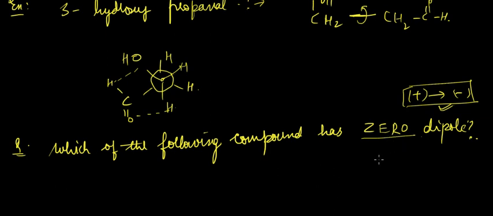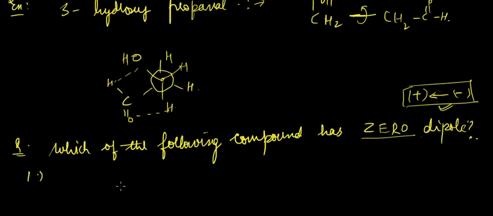So if there exists a direction in which charge flow can occur, then the compound is said to have a dipole moment. And in case where we can't find any direction of charge flowing from negative to positive, then it is said to have zero dipole moment.